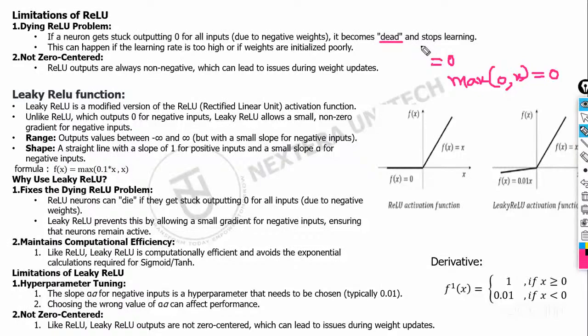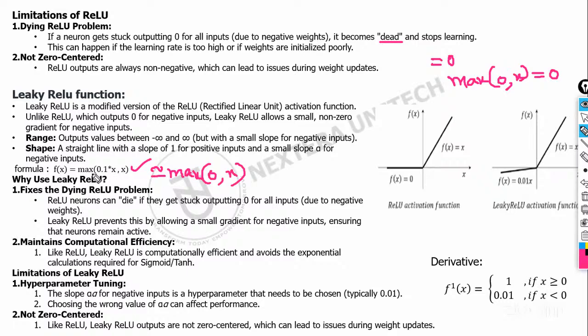Let us talk about a variant of ReLU. It is the leaky ReLU function, which is given with the formula like this. Is it similar to ReLU? Almost similar, there is a change. The formula of ReLU is max of 0 comma x.